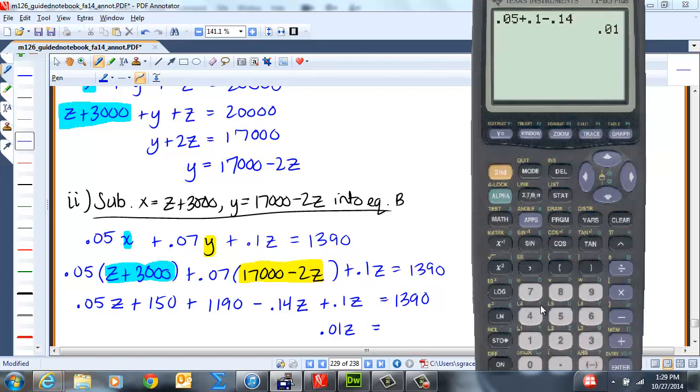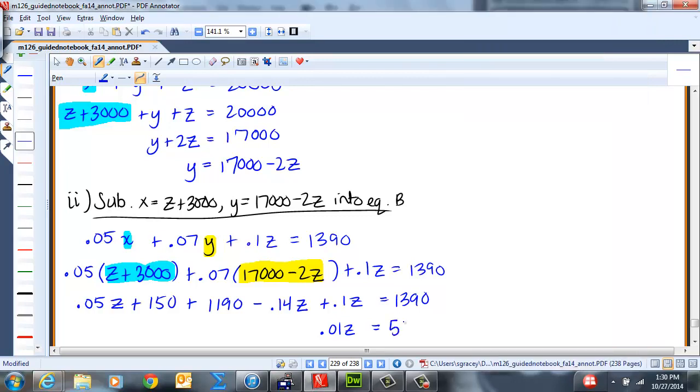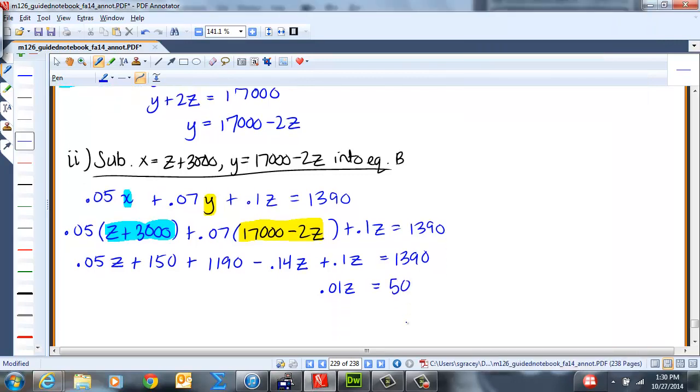All right, and then we're going to be taking 1,390, and from that we're going to subtract 150, and we're also going to subtract 1,190, and we get 50. And when I multiply both sides by 100, I'll get 5,000.